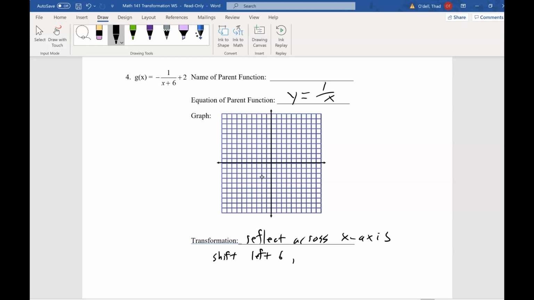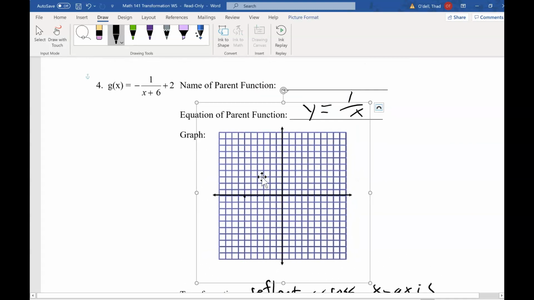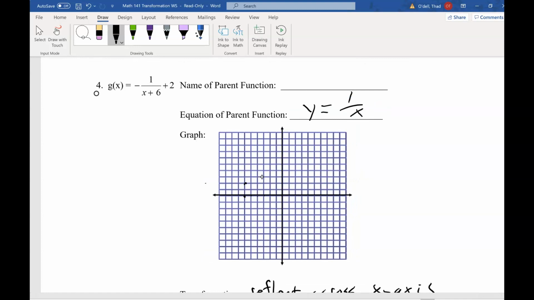And there's a plus 2 on the outside, so that would be shift up 2. Now on this one, when I go to graph it, I'm going to graph the crossing of the asymptotes. Normally they cross at 0, 0. Now they're going to cross to the left 1, 2, 3, 4, 5, 6, and up 2. So that's going to be the asymptote crossing. I'm going to draw the asymptotes because this graph is much easier to draw if you can see the asymptotes.